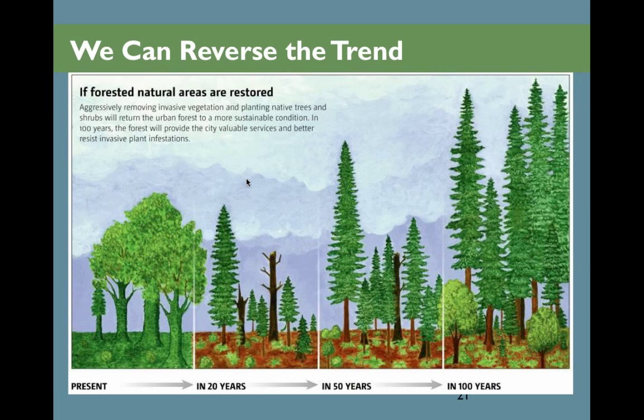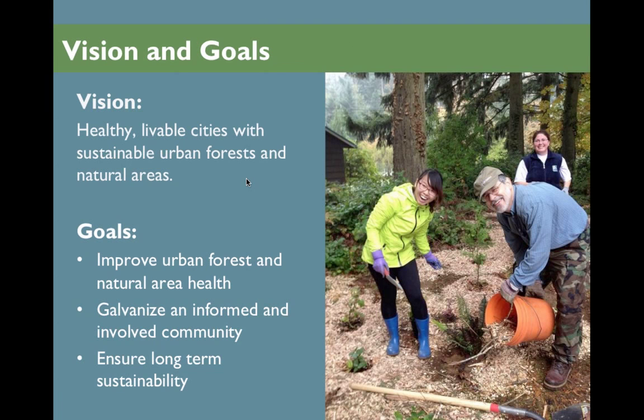So each city has their distinct vision and goals, but collectively we're all working to create healthy, livable cities with sustainable urban forests and natural areas. This program is just as much about people and quality of life as it is about trees. As you guys know, in this field, the two go hand in hand. Our goal is to improve the overall health of the urban forests and natural areas.